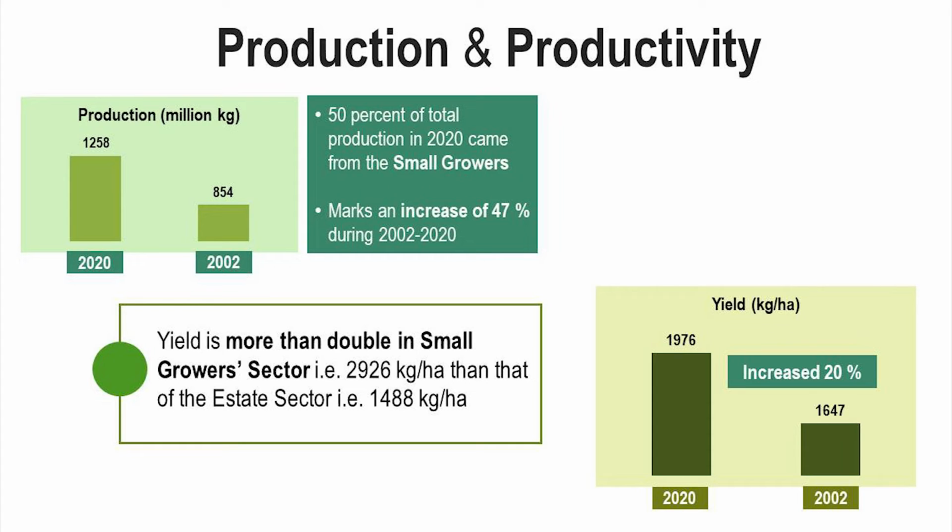So it means that not only is the small growing sector contributing to the increase in the production, but also it is contributing in terms of increasing yield rate for the sector as a whole. So it is almost double the estate sector.